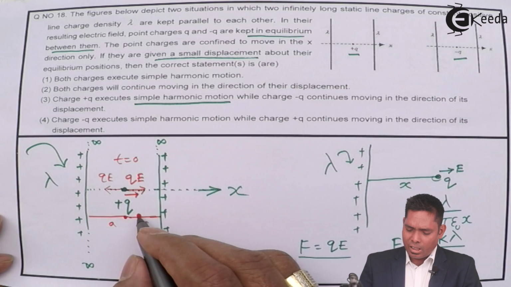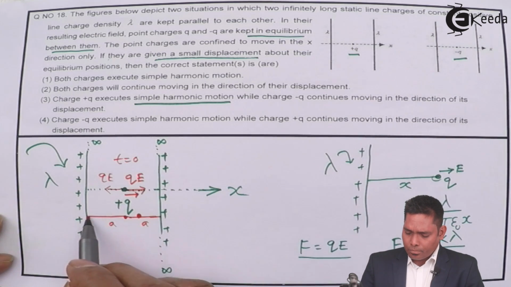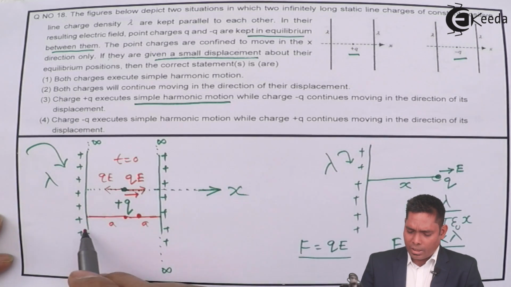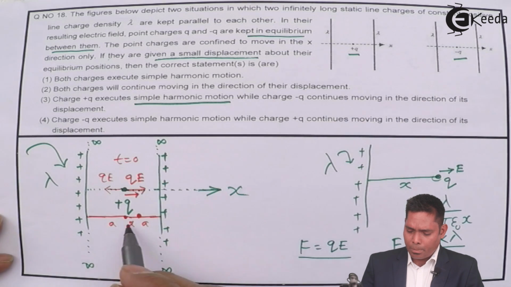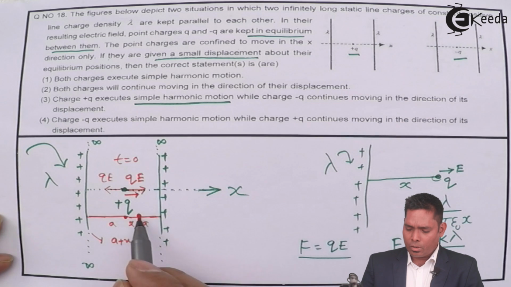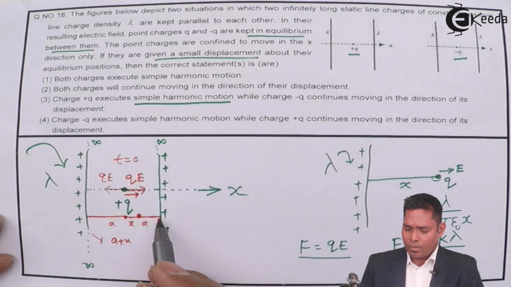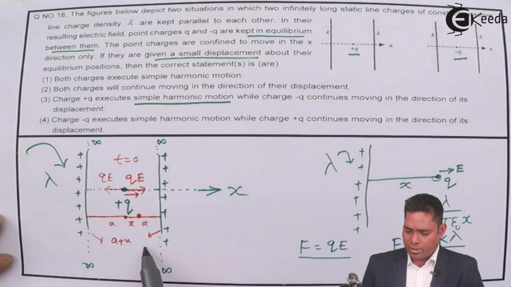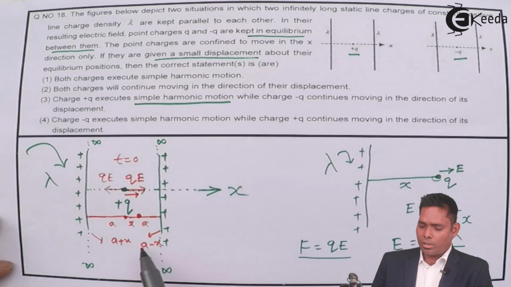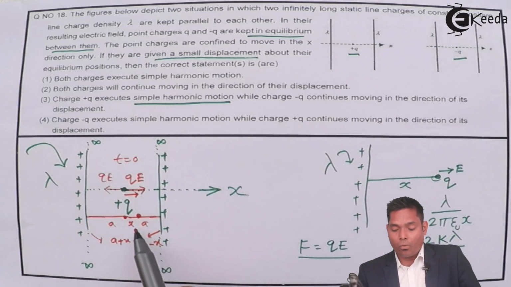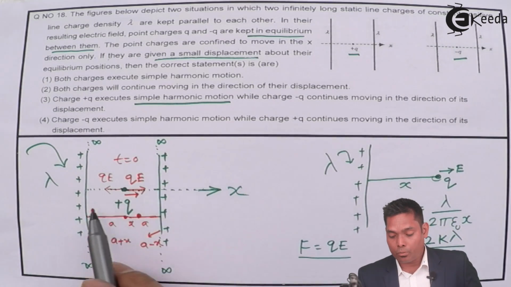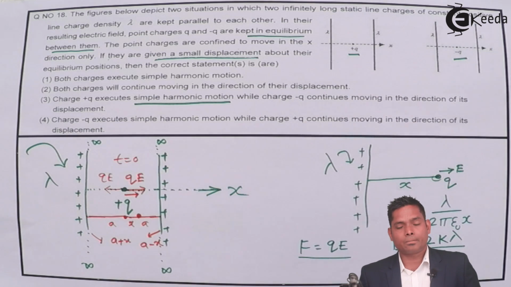If I place it here, you can see that the distance for this conductor will be a plus x, because x is the displacement towards right, and for the other conductor the charge will be at a distance of a minus x. So these are the respective positions of this charge from this conductor and that conductor.